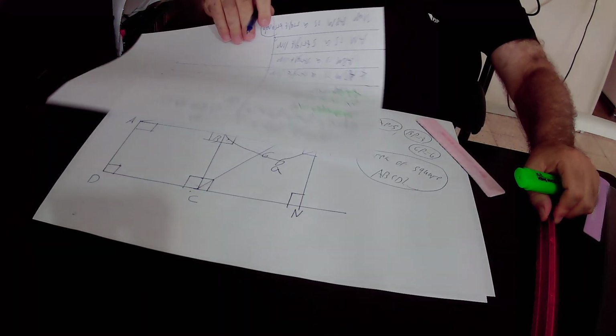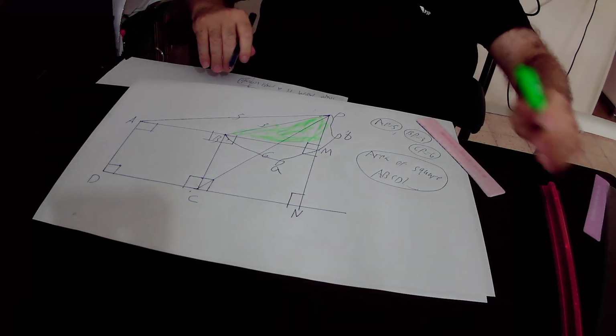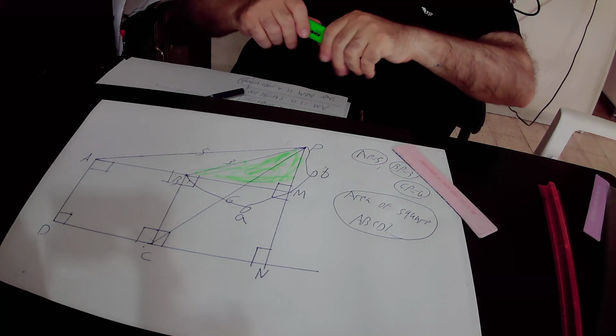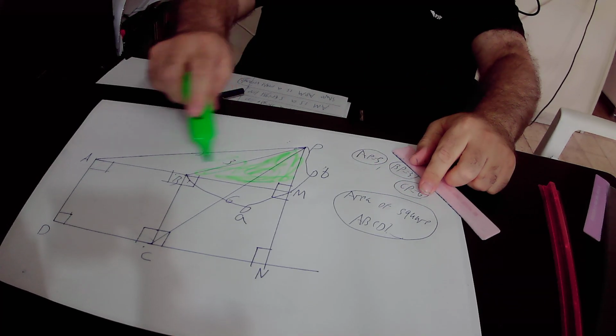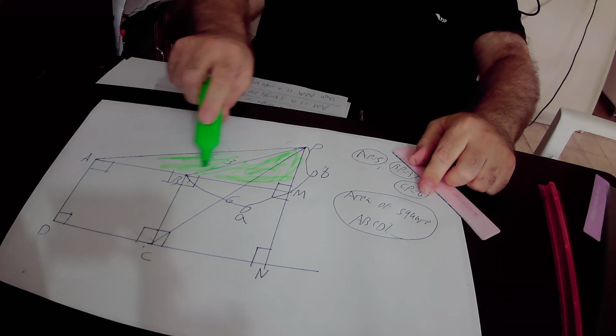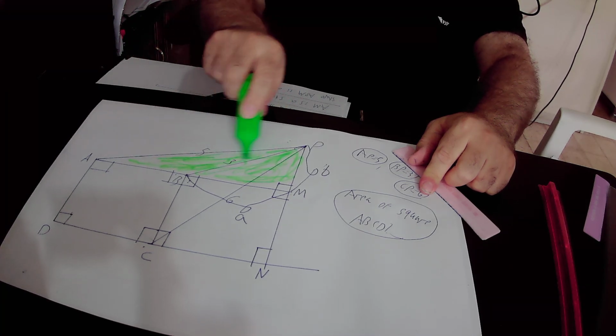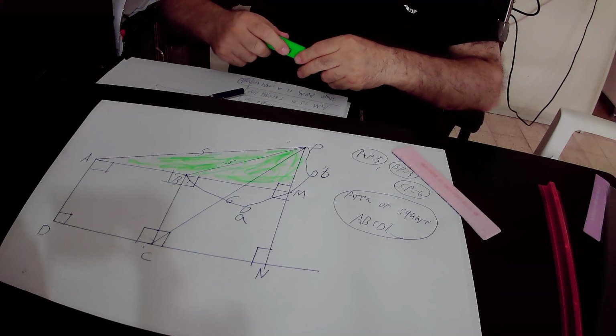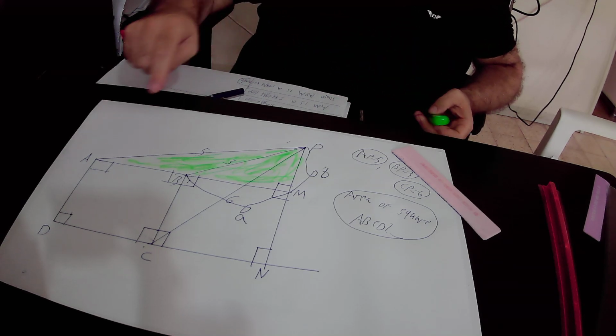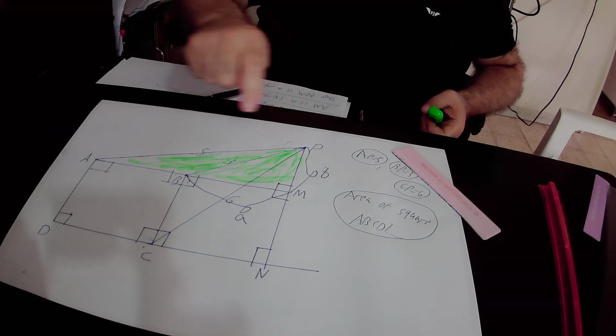Here, again, we will implement the Pythagoras theorem on the right triangle APM.